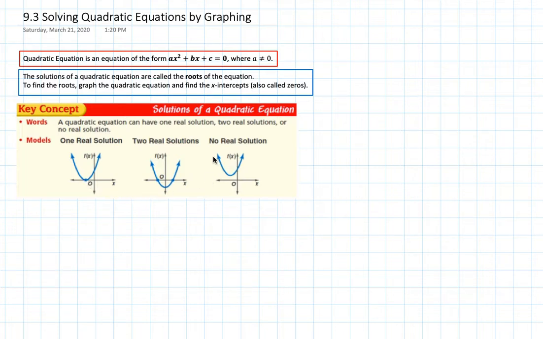And if the vertex never touches it, those are the ones where you have the range of y is greater than or equal to 1, then it's never going to hit 0, so there's no solution. Okay? So those are the three different types.